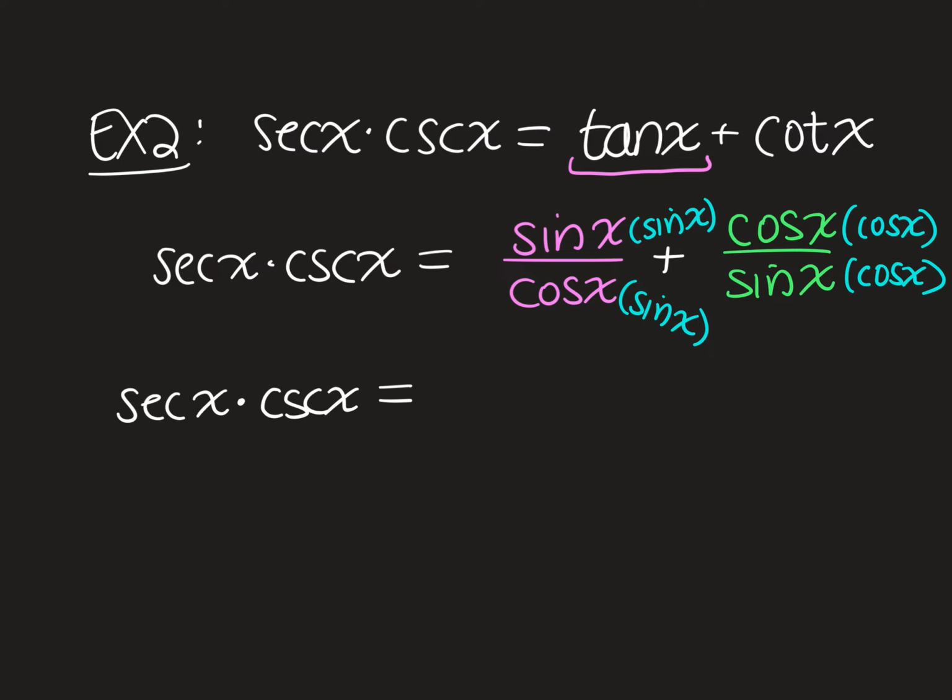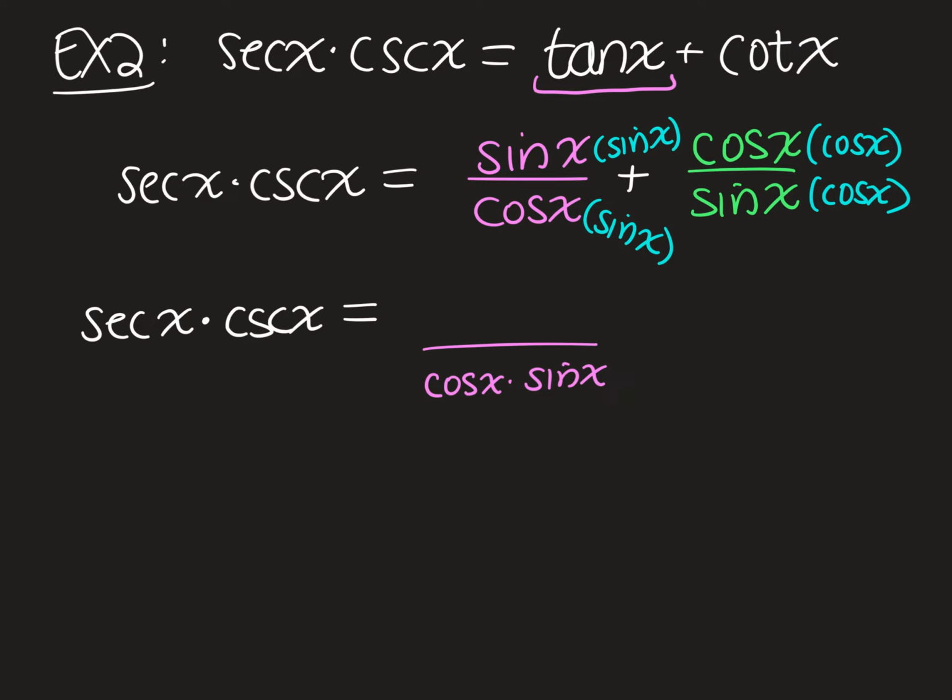Now I'm going to be super intentional and really slow through this process. It is possible you can work through it a little bit quicker, but I don't want to skip anything right now when we're doing these for the first time through. So that first fraction is going to have a denominator of cosine of x times sine of x. The numerator is sine times sine, which is what? Sine squared. Good. So we have sine squared.